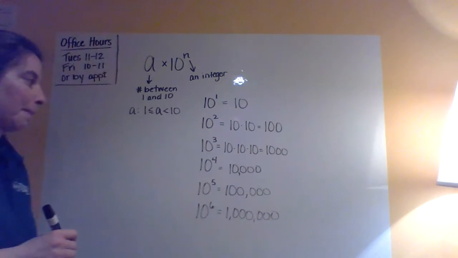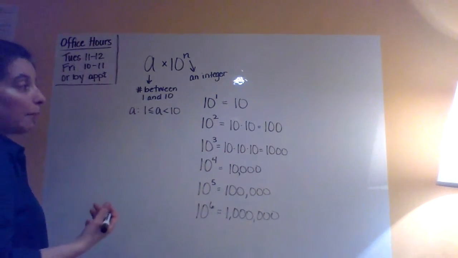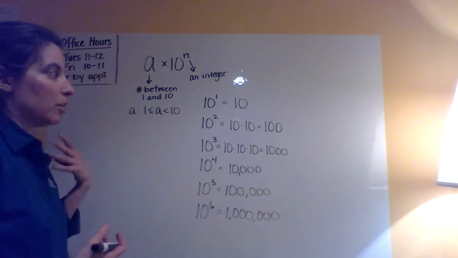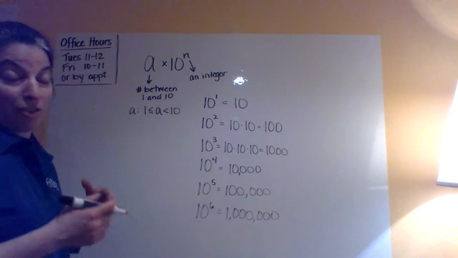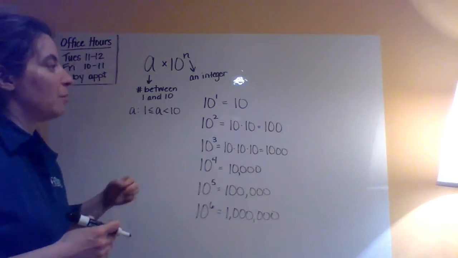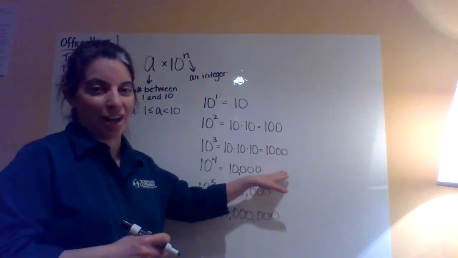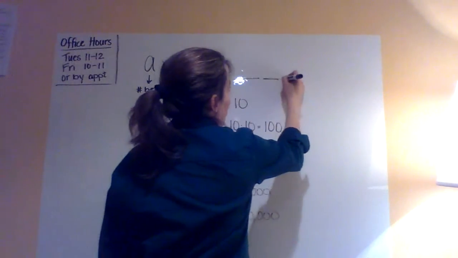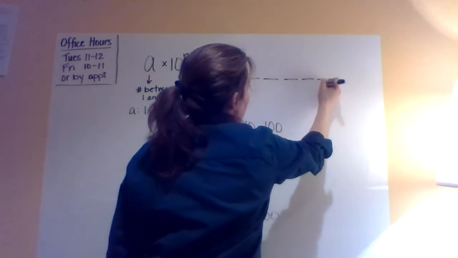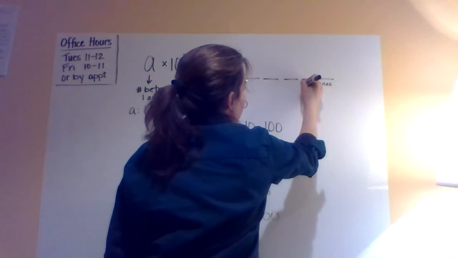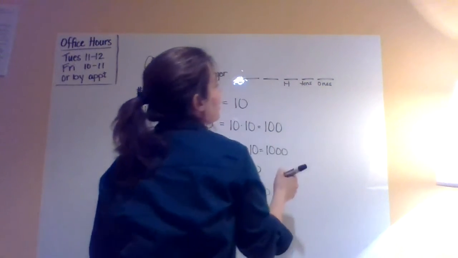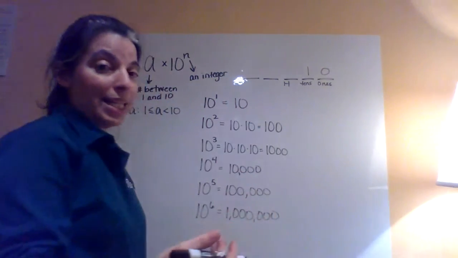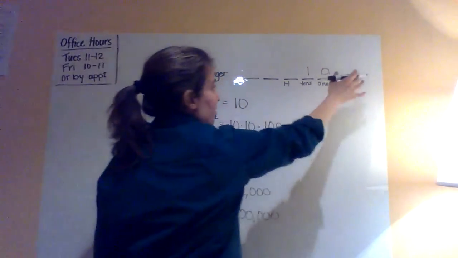Okay, so when we talk about powers of 10, the easy, simple way to say it, which I fall into this trap too, is to say, well, we just add a 0 at the end, right? But really what we're doing is we're not really adding a 0 at the end. If you think about this is the ones place, and this is the tens place, and this is the hundreds place, if I start out here and I multiply it by 10, I'm not really adding something to the end.